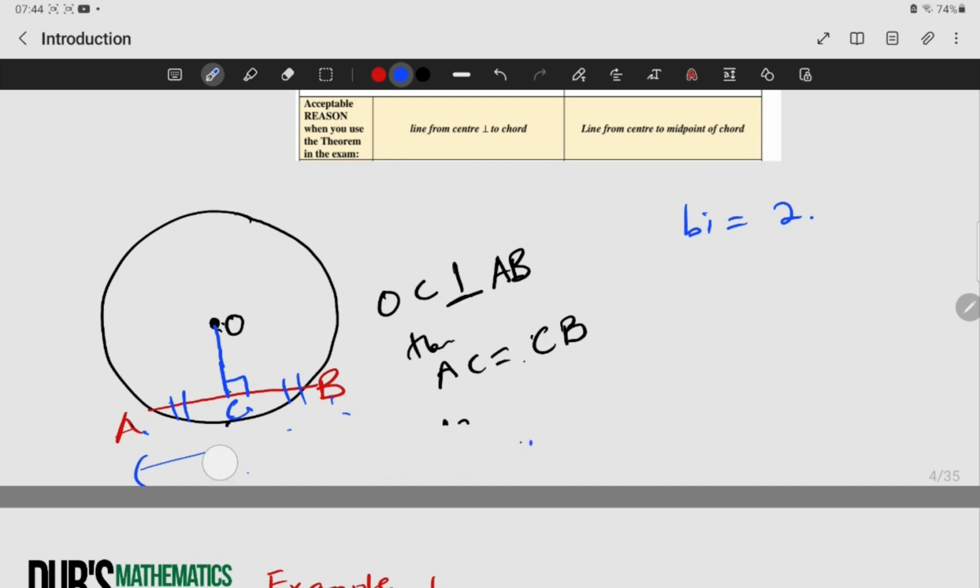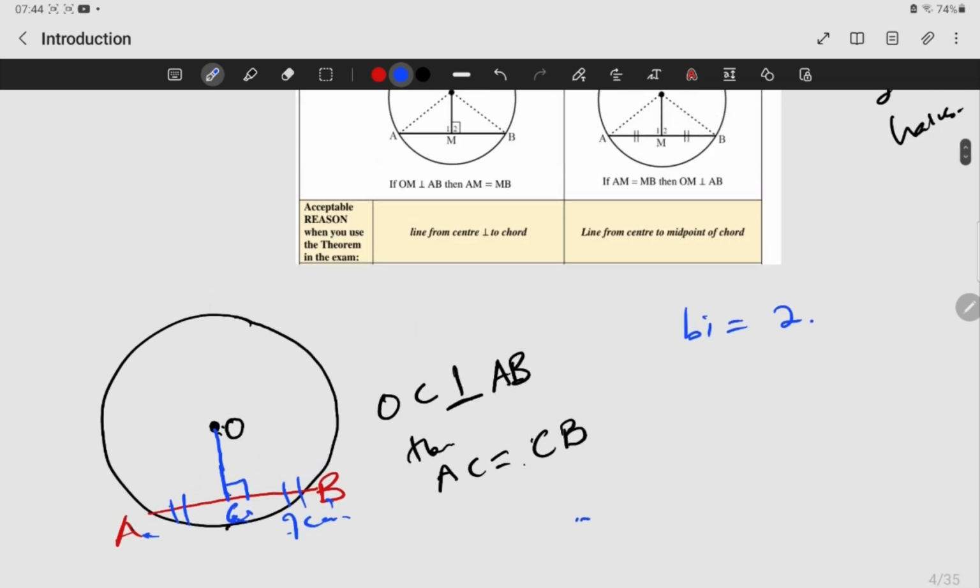Alternatively, if you were given that AC is 7 centimeters, then CB will also be 7 centimeters, making AB 7 times 2, which is 14 centimeters. That's how we use this theorem.